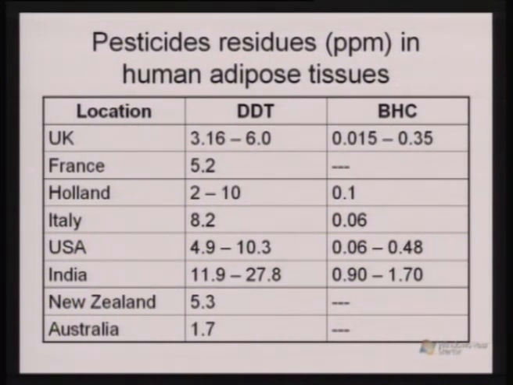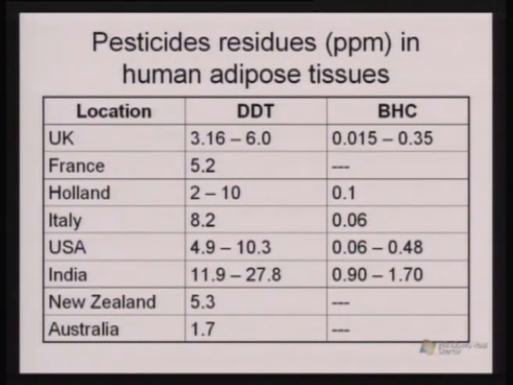The data for BHC is not available in France. Holland is using both pesticides, and the range is 2 to 10 milligram per kg, and BHC is 0.1 milligram per kg. In Italy, DDT is 8.2 milligram per kg in adipose tissue, and BHC is 0.06 milligram per kg in adipose tissue.